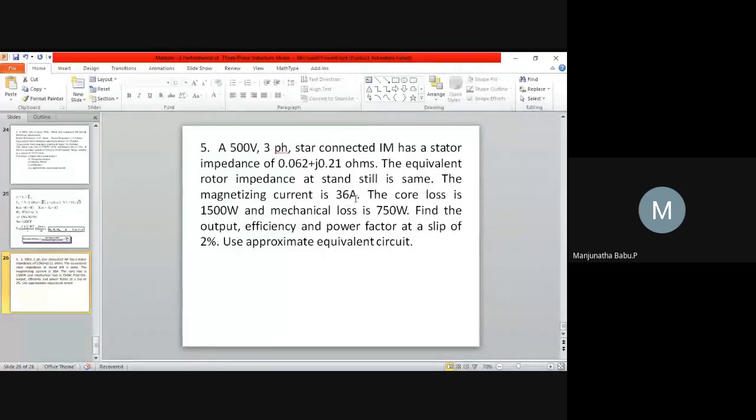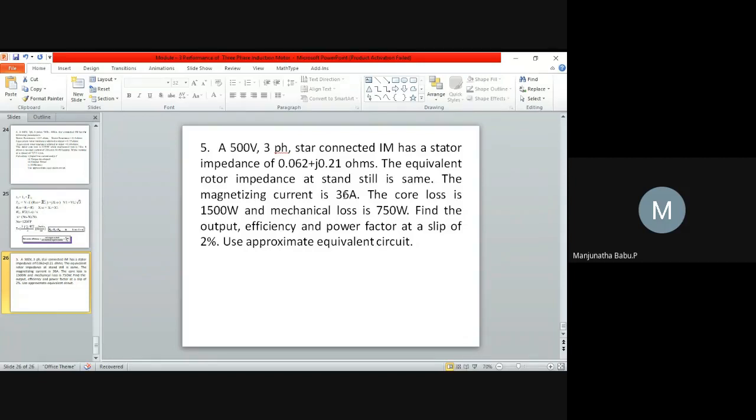To find it, the magnetizing current will be the imaginary part, and IC will be the real part. So 1.732 minus j36. There you will be getting the I naught value as 36.04 at an angle of minus 87.24. Why minus? Since it is lagging.